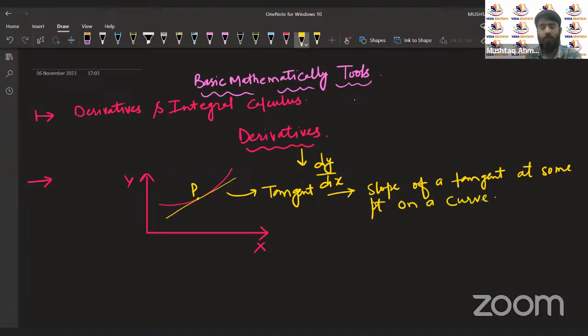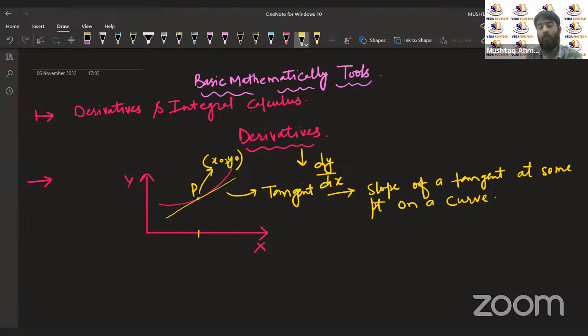For any curve we have, if we want to find the slope of the curve at any point, we calculate the derivative of that function at that particular point. Suppose the coordinates of this point are x naught comma y naught.